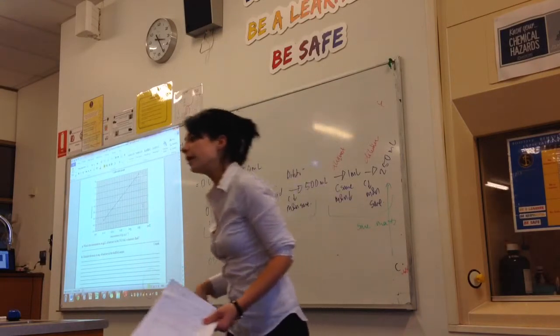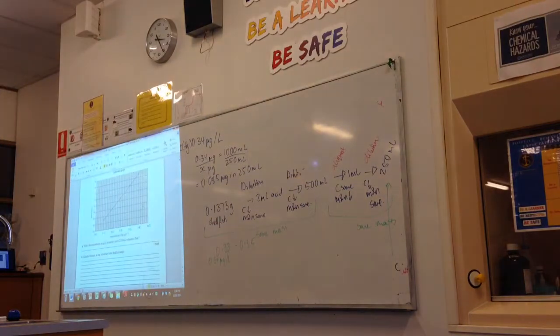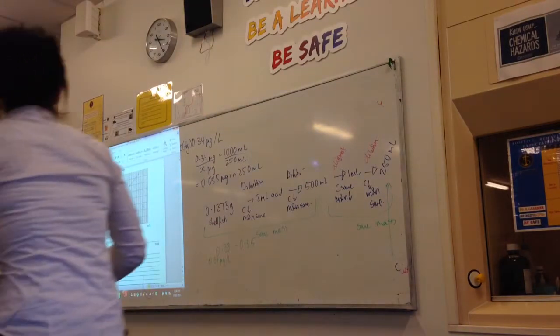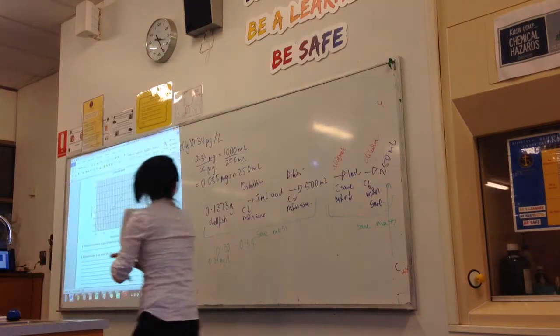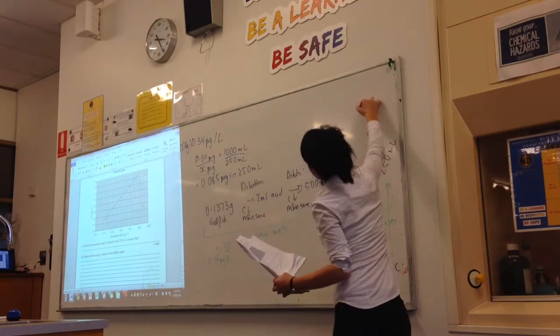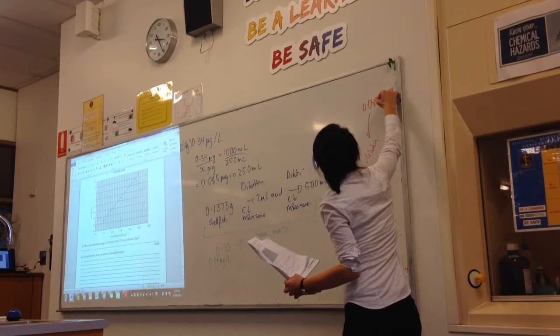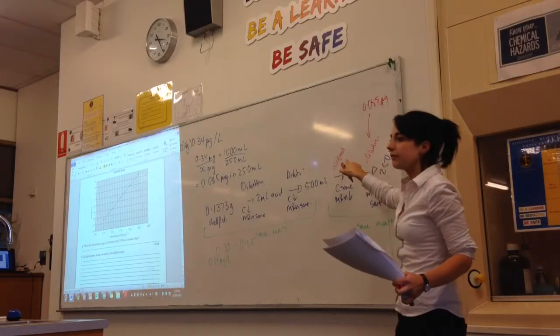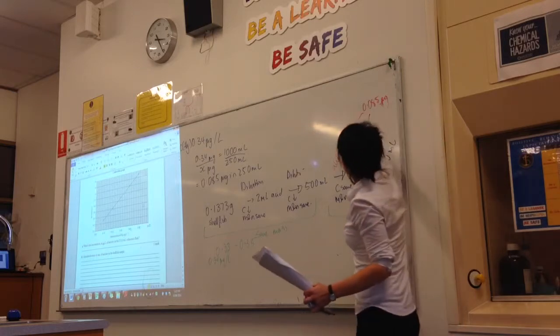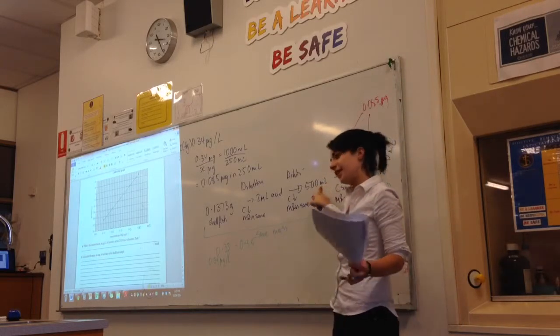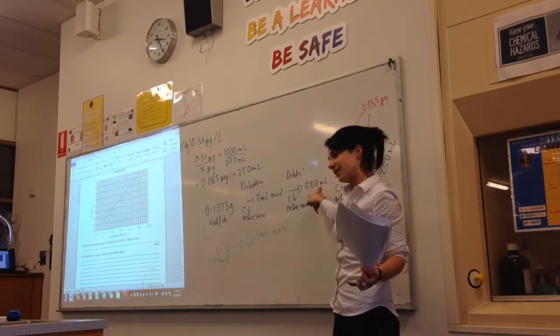Are you happy with that, guys? Everybody's happy with that, yeah? Okay, so in other words, you go back to your thing and you go, I've got 0.085 micrograms. How many micrograms do I have in here, in the aliquot 1 mil? Same. But how many do I have in here? 500.